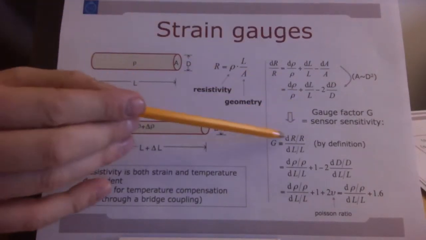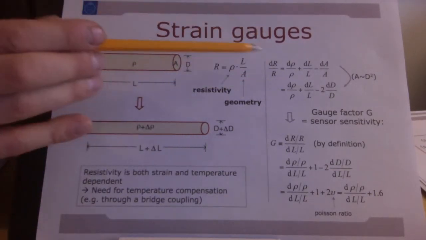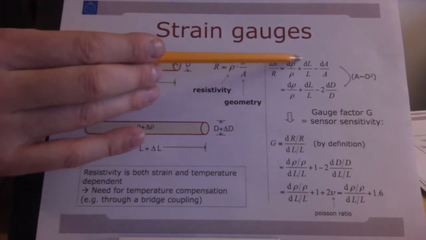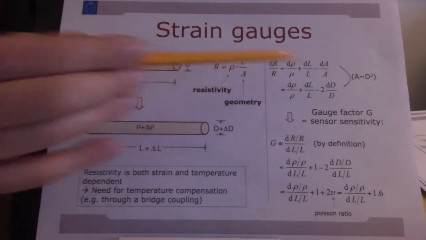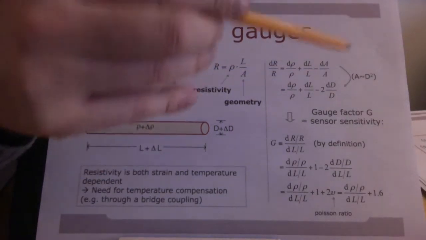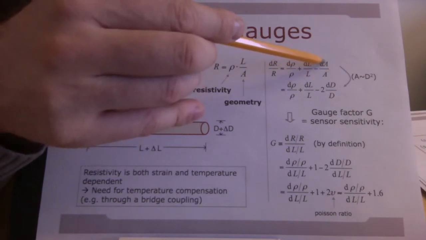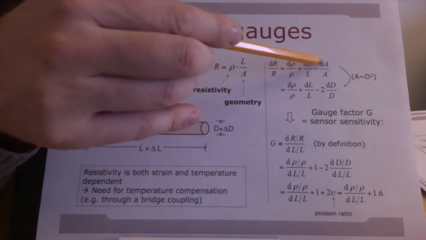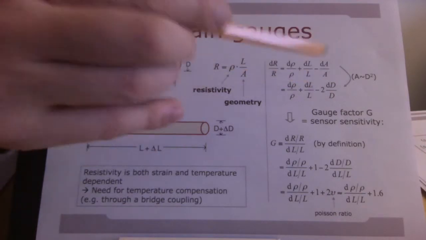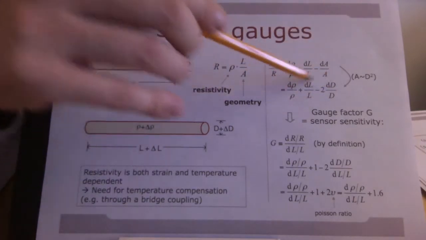So let's see, what is this delta R over R? Well, we know what R looks like here, and then it's just pure mathematics. If you do delta R over R, it equals delta rho over rho plus delta L over L minus delta A over A, because it's a division here. And we also know that delta A over A, so the area A is relative to D squared, so delta A over A equals 2 times delta D over D, and so you can easily find this formula.